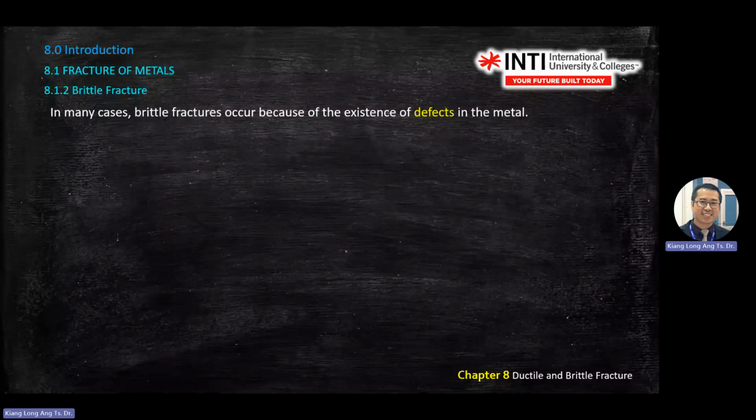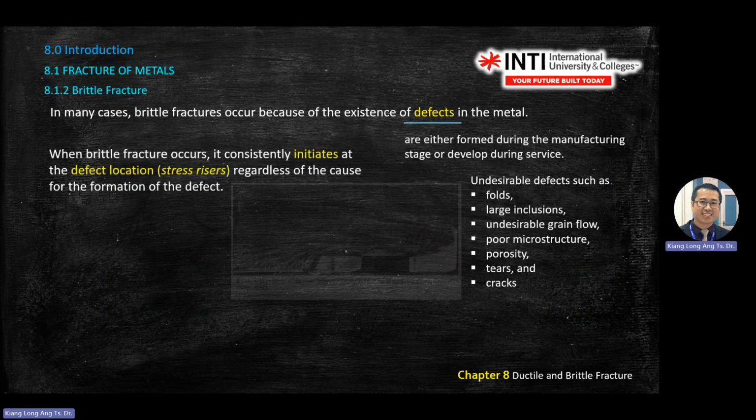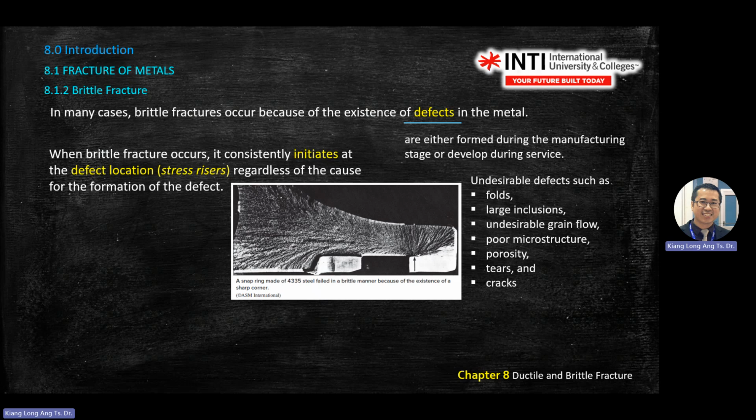Next one is brittle fracture because of defect. So why does metal fail? Because there is a stress raiser. A stress raiser is a defect location. If you look at this diagram, this is the stress raiser location.